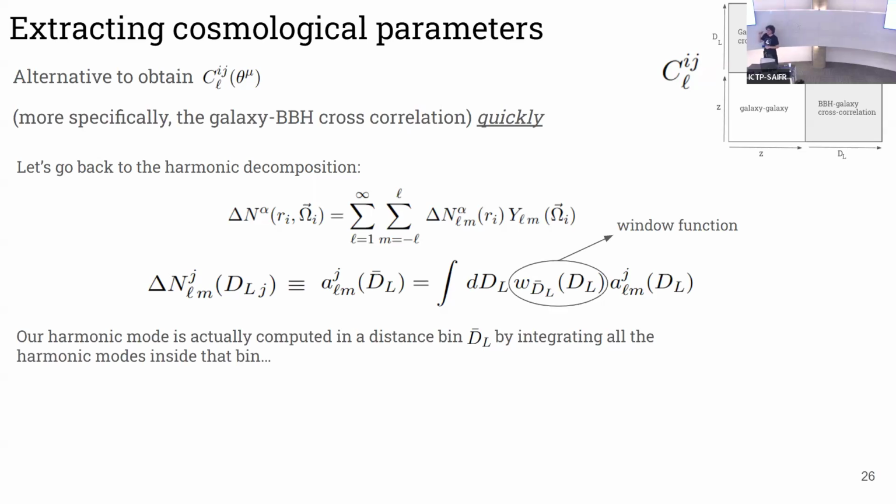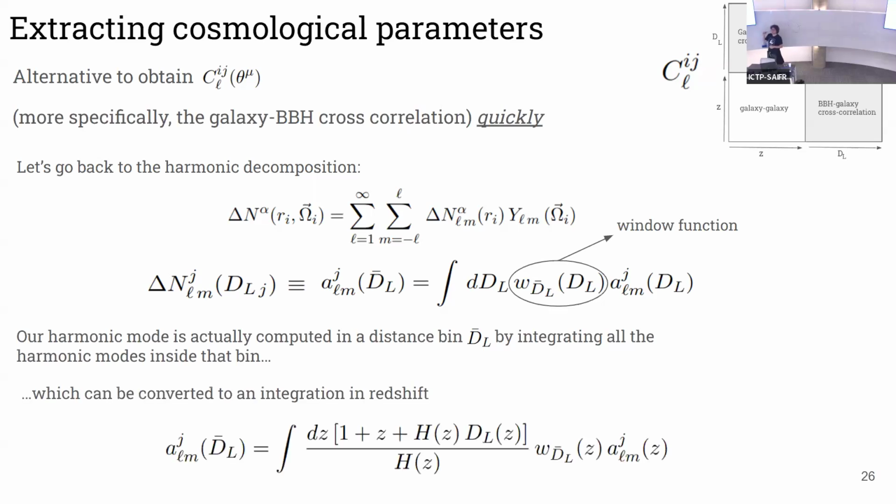Now, nothing stops us from converting this to redshift. So actually what we can write is that the harmonic mode on a thick luminosity distance bin is an integral on a window function in redshift. So you integrate very thin harmonic modes on very thin slices of redshift.